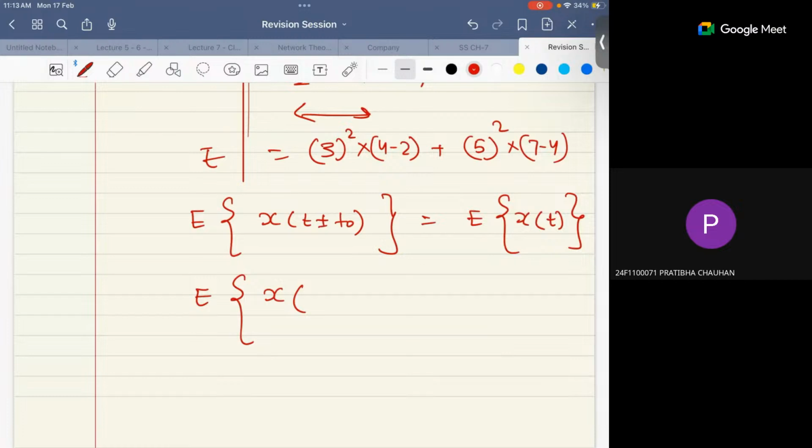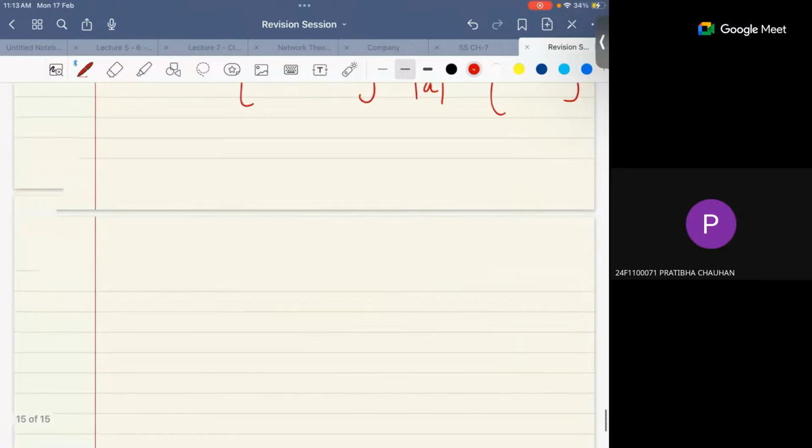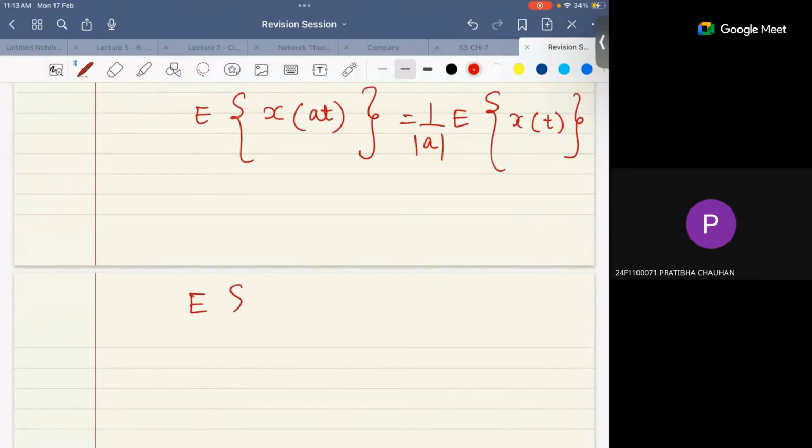For x(at), the energy will be 1 upon mod a times the energy of x(t). Or if you are multiplying by some amplitude, and you have been asked to calculate the energy of k times x(t), then it will be k square times the energy of x(t).